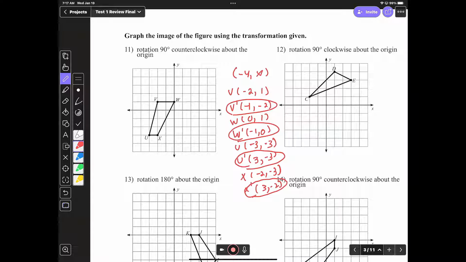And remember, we're doing 90-degree counterclockwise. So negative 1, negative 2. So that's V prime. W prime is negative 1, 0, so that's W prime. And let me erase this here. So V prime is negative 1, negative 2, so it's right here, that's V prime.